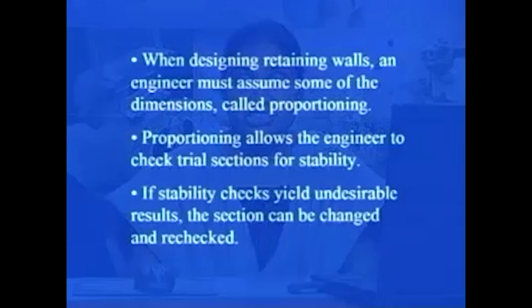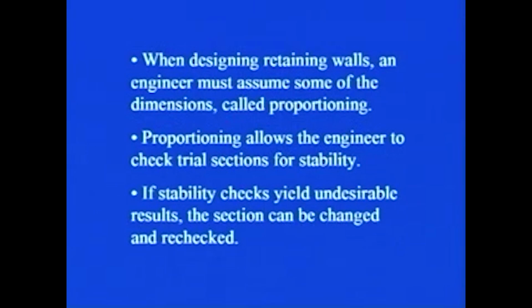So, you see exactly in the third point, if stability checks yield undesirable results, the section can be changed and rechecked. So, we have to go on repeating this procedure till we achieve the proper stability against overturning, sliding and bearing capacity.